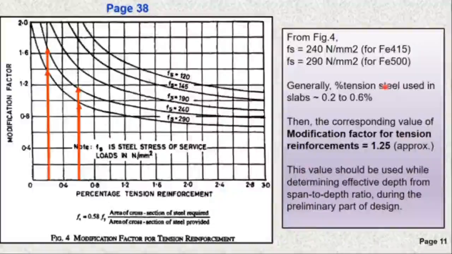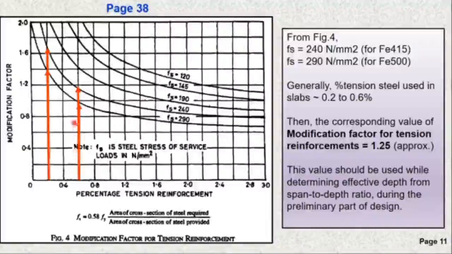At the beginning of the design, you don't know the percentage tension reinforcement provided in the slab, so you can generally make an assumption that the percentage tension steel used in slabs is approximately 0.2 to 0.6 percent. This range of values is obtained from experience and different experiments. 0.2 to 0.6 may be generally assumed as the percentage tension reinforcement used in slabs.